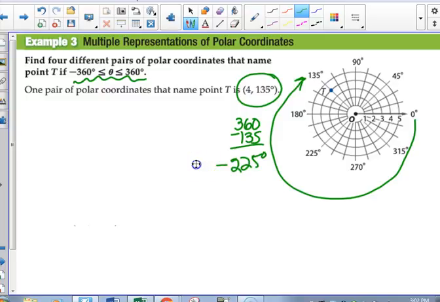So negative 225 and positive 4. There's one. Okay, if I subtract 180, this would be a negative 45. And I would have to back up 4.